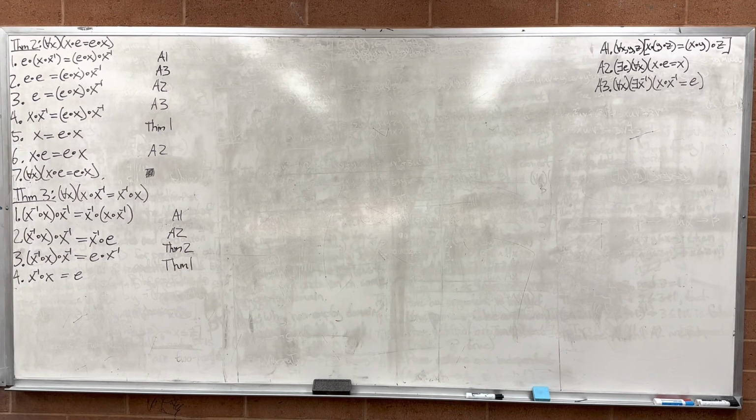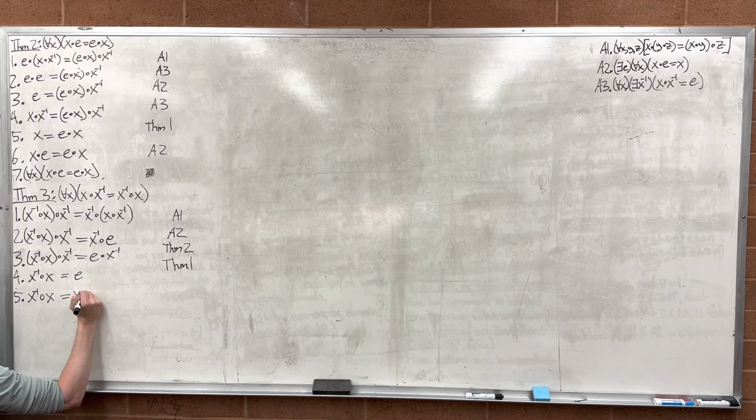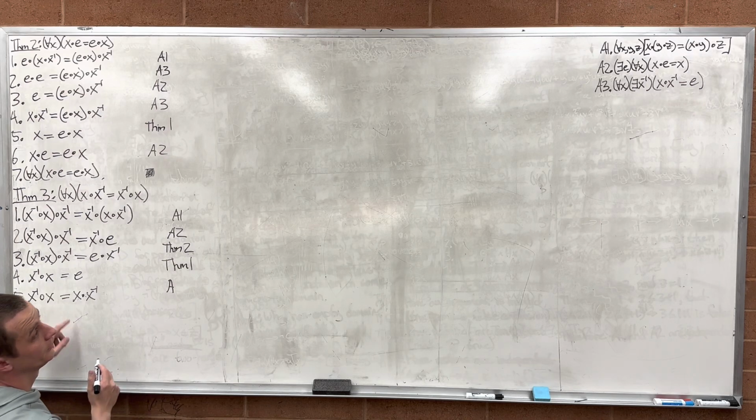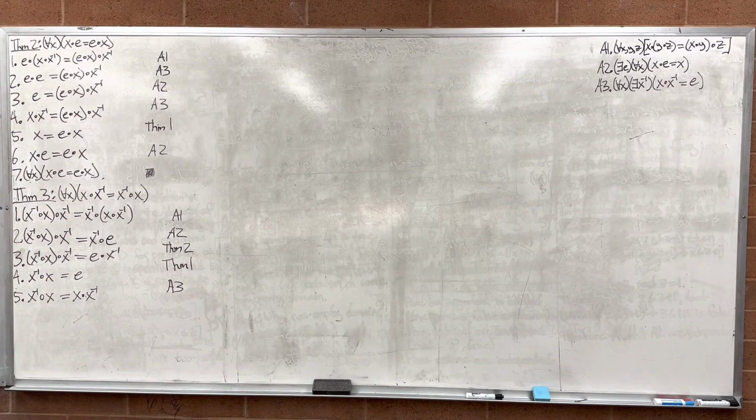Now what? Now we say that the left hand of that is equal to X compose X inverse. So now X inverse compose X is equal to X compose X inverse. That's exactly what E is. And that's using axiom 3. Right?